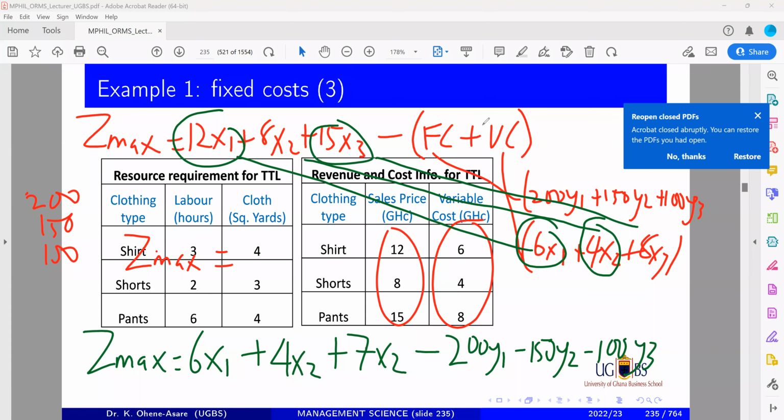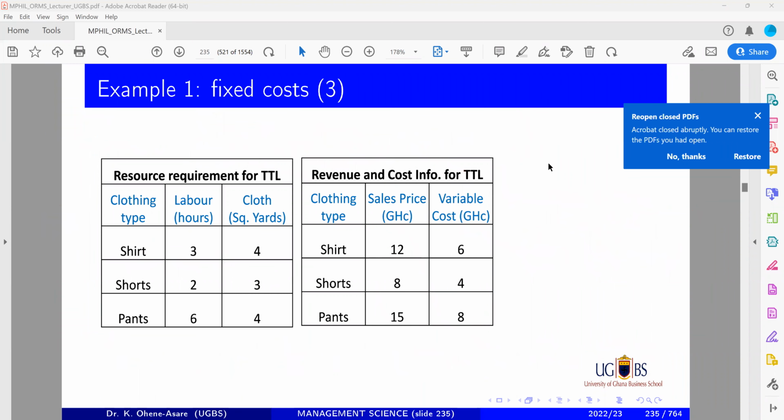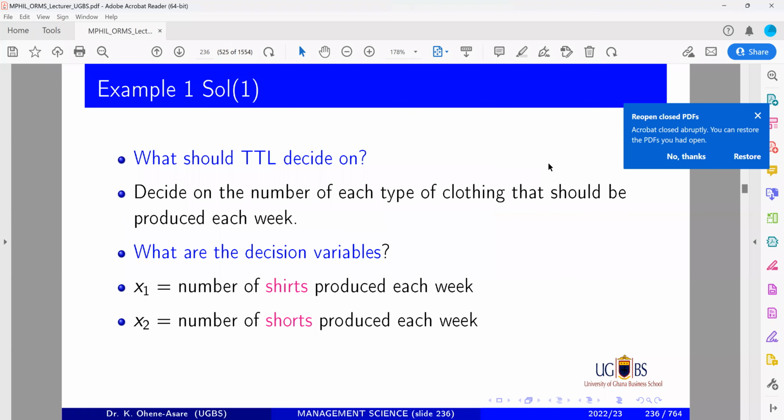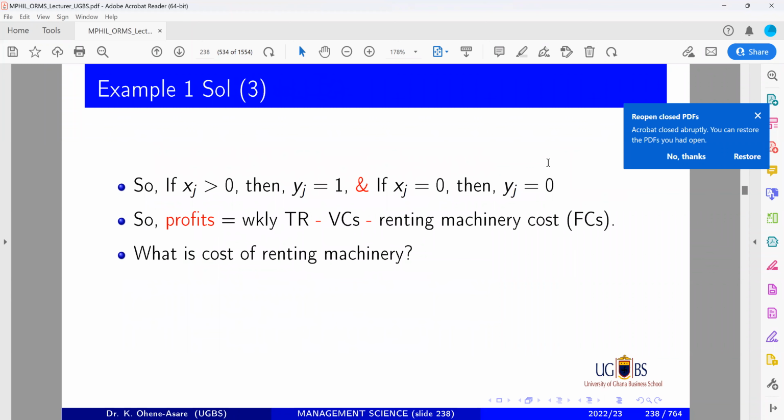Once you've written the objective function, you can now go ahead and write your constraints. What are the constraints? The first constraint is the labor constraint. The second constraint is the cloth constraint. So let's get that running. Labor constraint and then the cloth constraint. How do we do that?